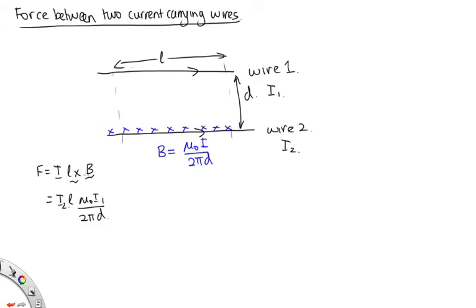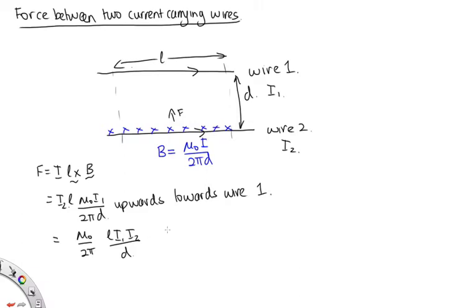So for the cross product we'll have sine 90, which is 1, and let's just consider the direction as this is the direction of the current, so to the right, and the magnetic field is going into the page. This force is going to be upwards towards wire 1. So we can write this as mu naught over 2 pi L I1 I2 over d.